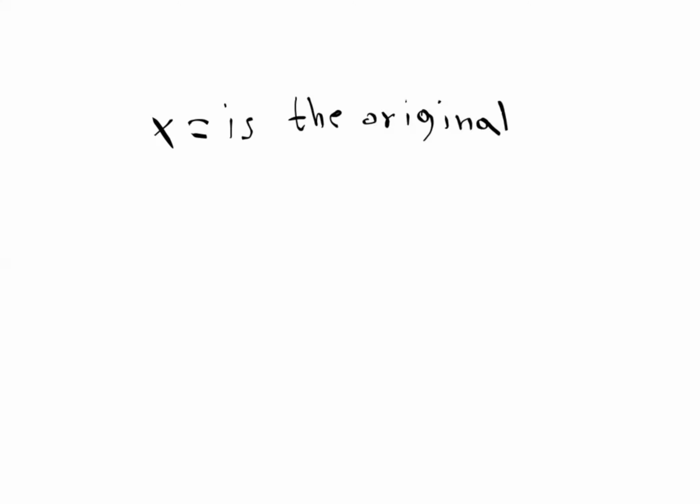So the original cost is 30% off, right? So x minus 30/100, since 30% is 30/100, of x is equal to 35.